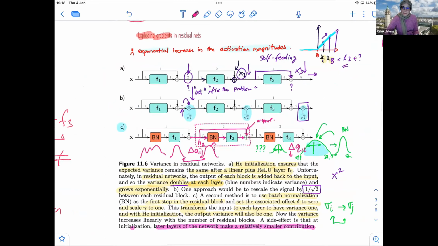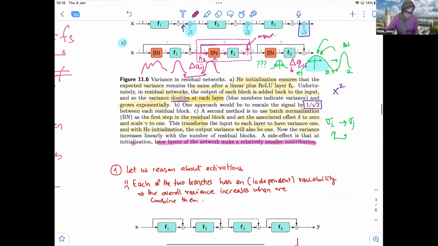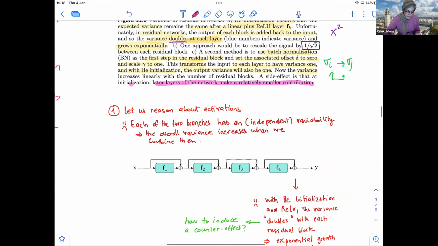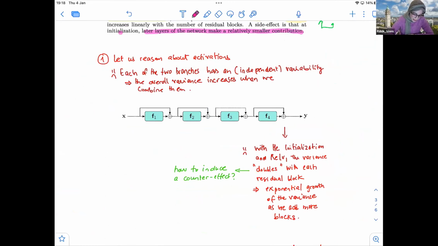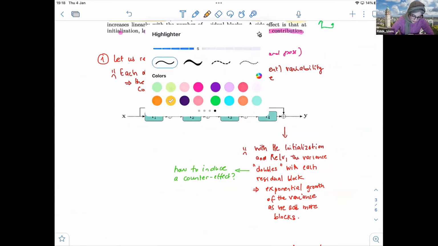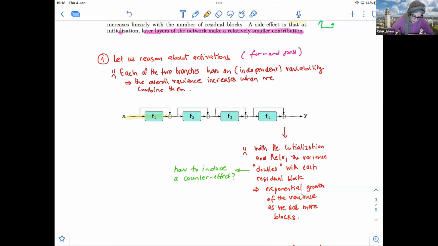And now let's try to summarize this, okay? If we reason about activations, they happen during the forward pass. During the forward pass, each of the two branches of the residual network, this is the first branch and this is the second branch, has what we call an independent variability.